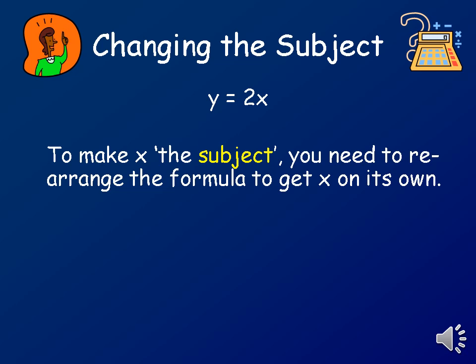Okay, so as it is, to get rid of the 2, we need to divide by 2 because it's 2 multiplied by x. So if we divide it by 2, dividing by 2 gets rid of that. So what we have is y divided by 2 equals x, because this way we have got rid of the 2. So the answer is x equals y over 2.